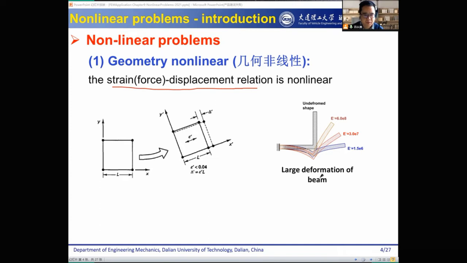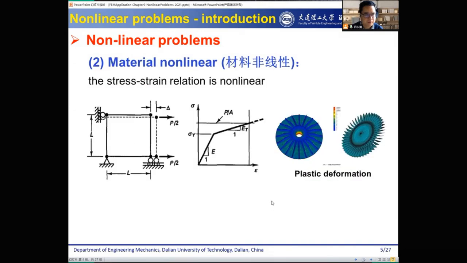Also, this is a large deformation of the beam, so large deformation problems are nonlinear problems. And the second is the material. We have nonlinear material, which means the stress-strain relationship is nonlinear.